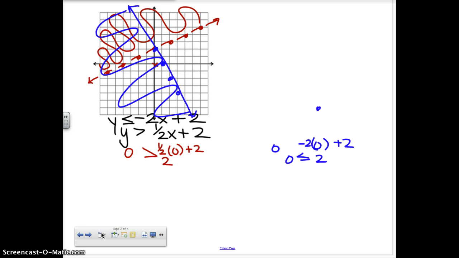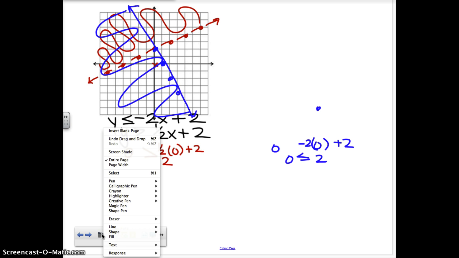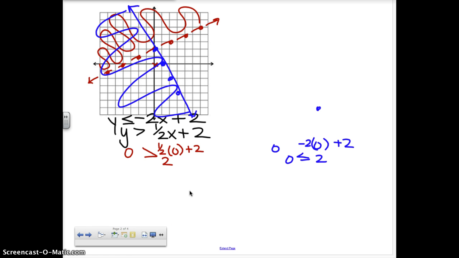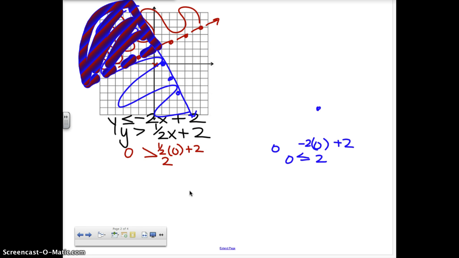Because in a line where you have two lines, it's where they cross. Well, here it's where their shading overlaps. Okay, so I want where I have red and blue. So I have this dashed up to there, and I have everything here. This is just red, this is just blue, and this is nothing. We need where we have both, and that's why this region is our solution.